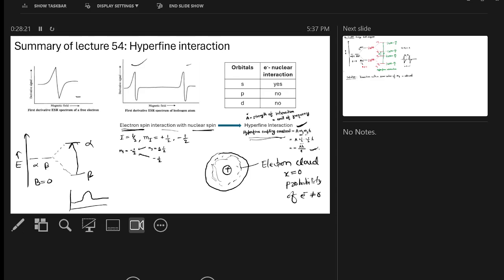But in case of a p orbital, say px, this is your nucleus and this is your p orbital. At x equal to 0 we have a node, and at a node the probability is 0.